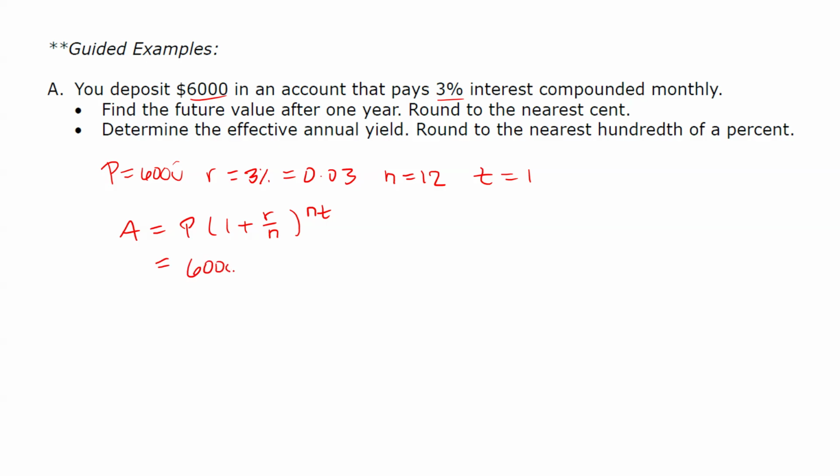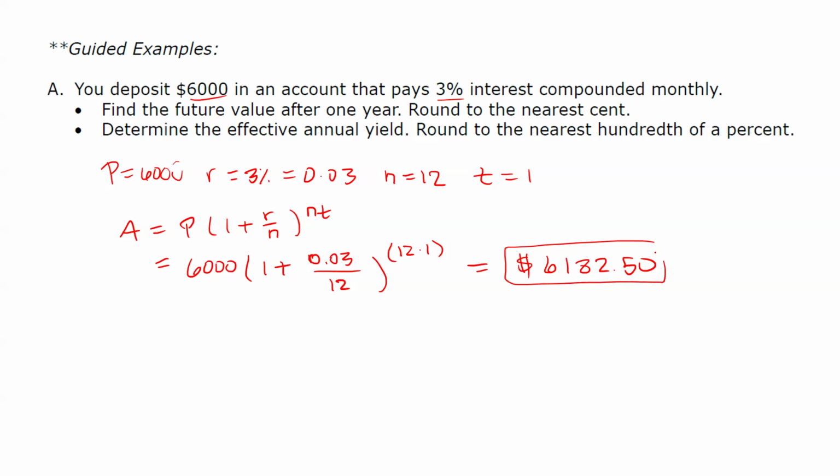Substituting in my values, I get 6,000 times (1 plus 0.03 divided by 12) raised to the power 12 times 1. So this comes out to be $6,182.51. That's my future value.